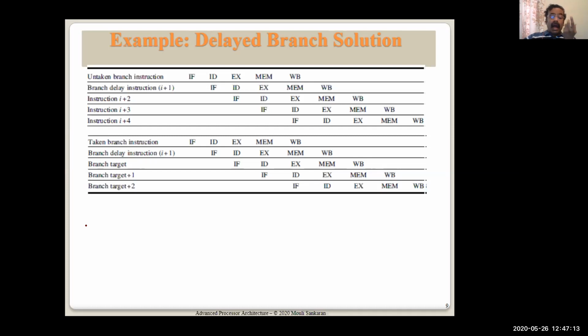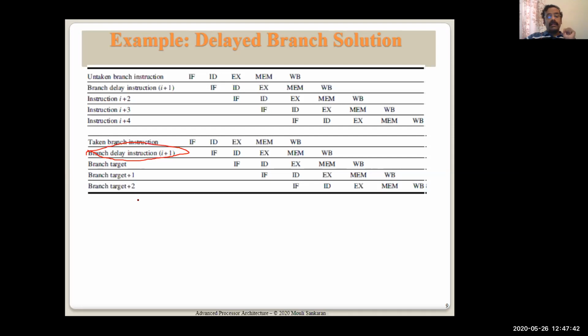The compiler has to be intelligent enough to look for such an instruction in the sequence, and it cannot afford to make a mistake. So a compiler has to do a data flow analysis of which registers are used, which are dependent, and whether there is any instruction above the jump which I can move into the delay slot without any issue.